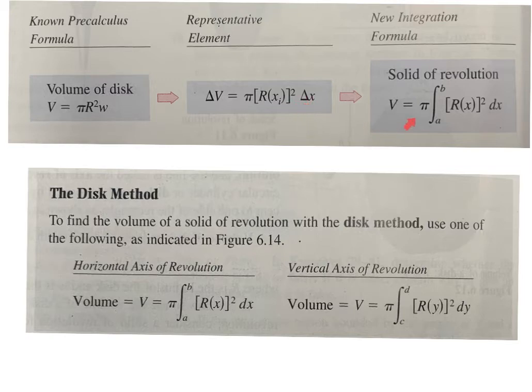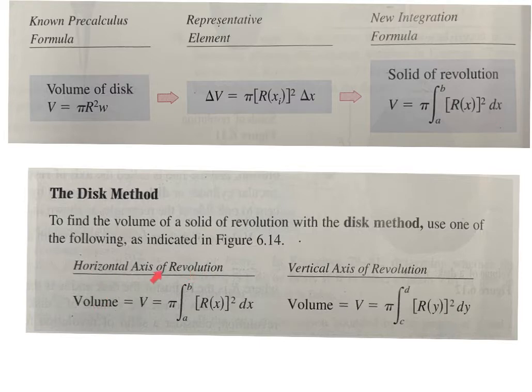And so when we revolve it with integration, we're talking about from point A to point B. Pi, that is just a constant. So pi is hanging out here on the outside of your integration, because it's just like if you were multiplying by 2. It's pi. Your function squared, dx is the representation of your delta x, your change in x. And so this is where we get the formula.